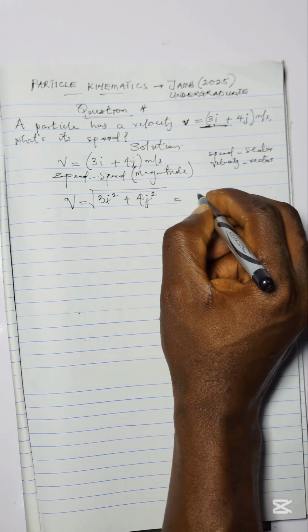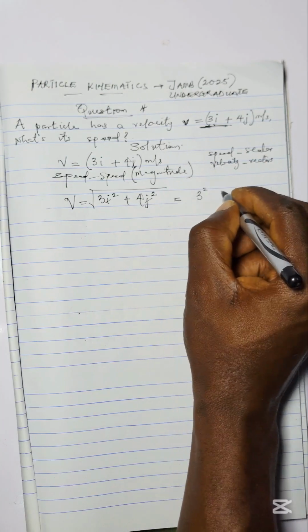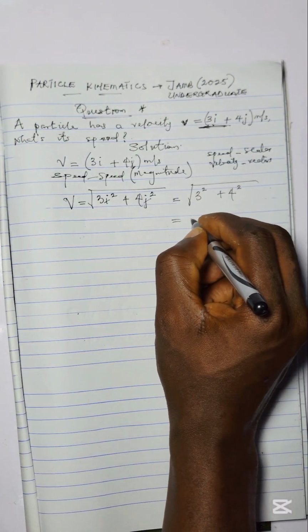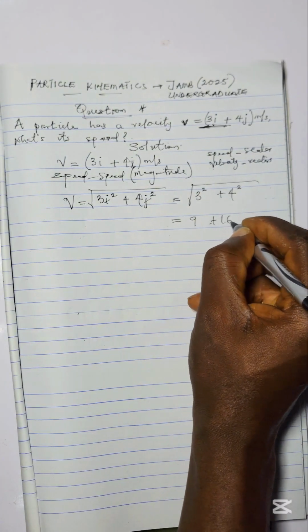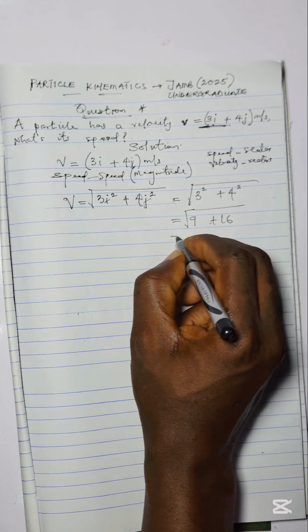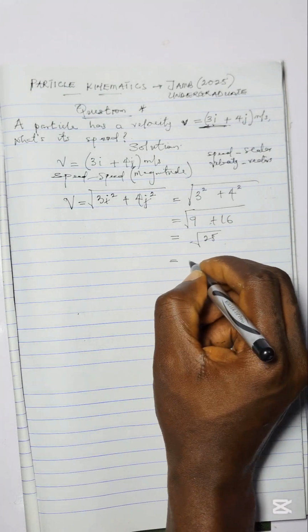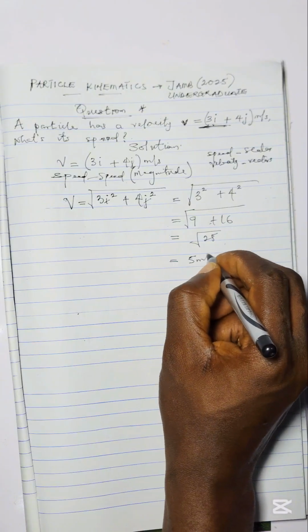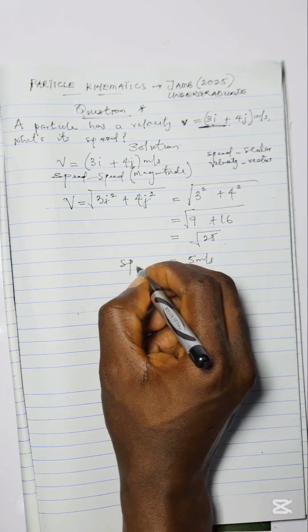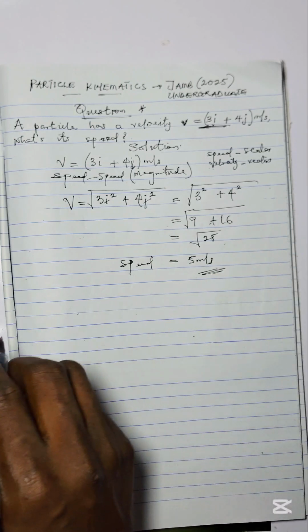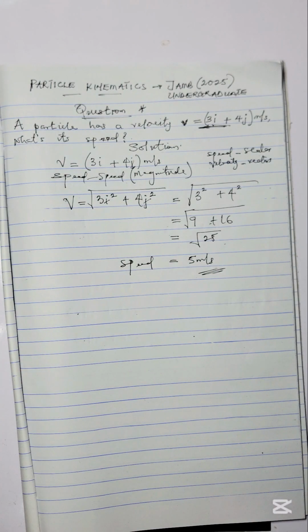So you're going to have 3 square plus 4 square, their square root. 3 square is 9, while 4 square is 16. Square root, if you calculate very well, is root of 25. The answer is 5 meter per second. This is our speed. So this question is not from particle kinematics, it's from scalar and vector.